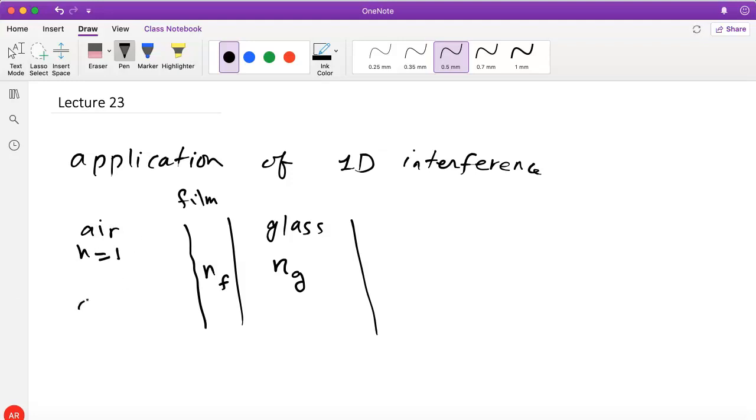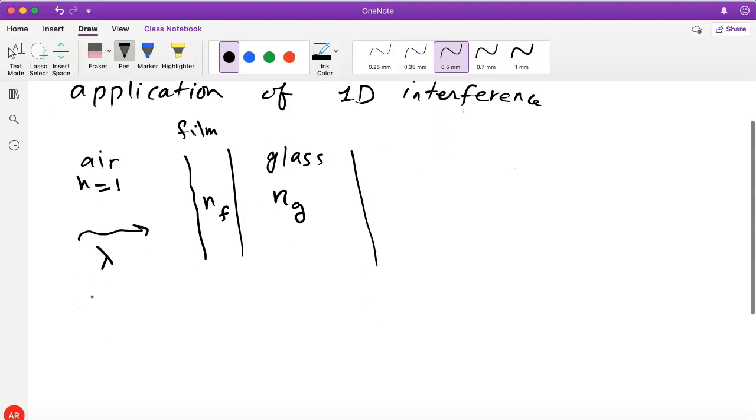If you shine light on this system with wavelength lambda, lambda is c over f, the frequency of the light, and c is the speed of light in vacuum, which is similar to the speed of light in air because n is approximately 1.